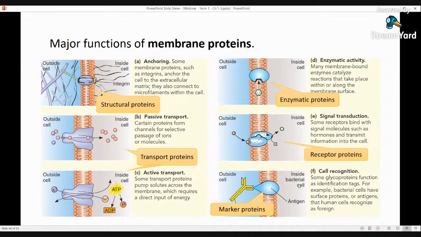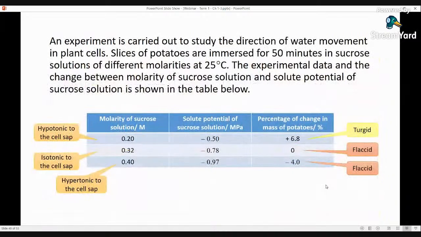Membrane proteins, especially the glycoproteins, act as marker proteins, or we call them antigens, for cell recognition. So these are the functions of the membrane proteins.